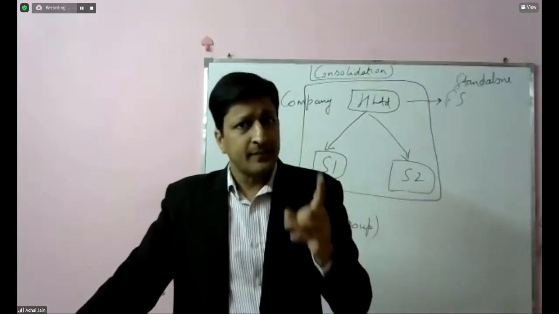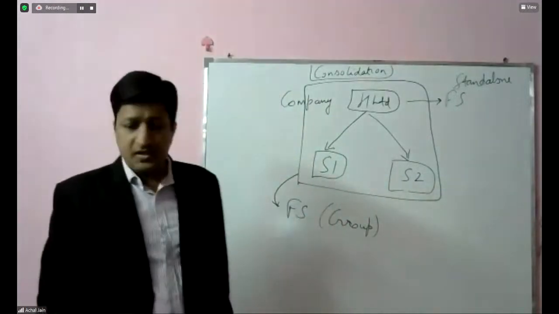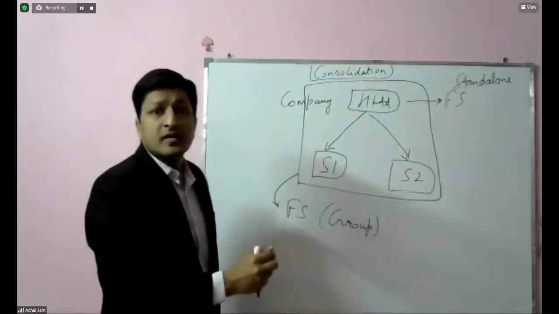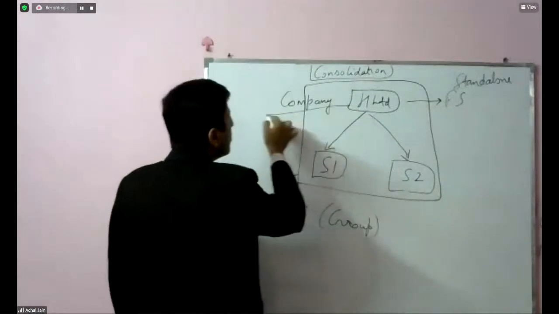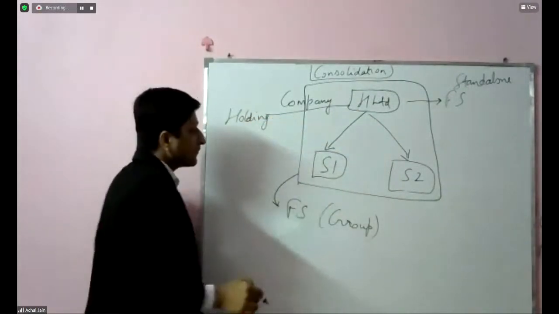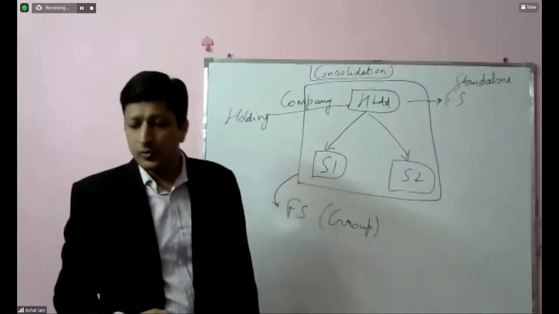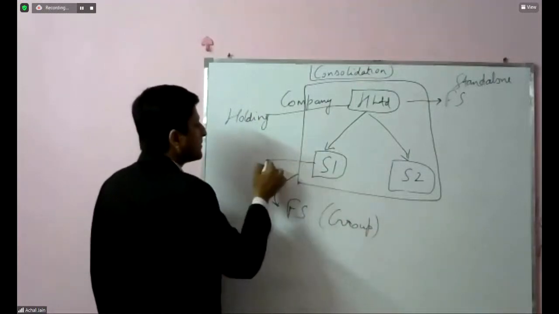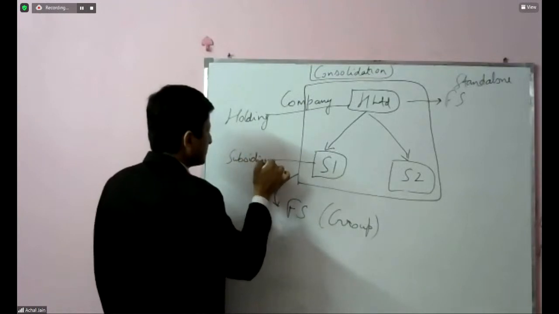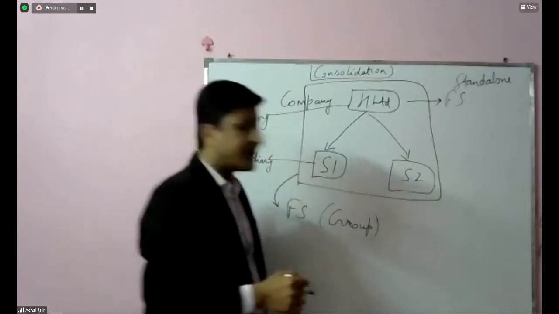Understood? So for our purposes, in our example, this H Limited is nothing but a holding company. And what are S1 and S2? They are subsidiaries. So this is a subsidiary.